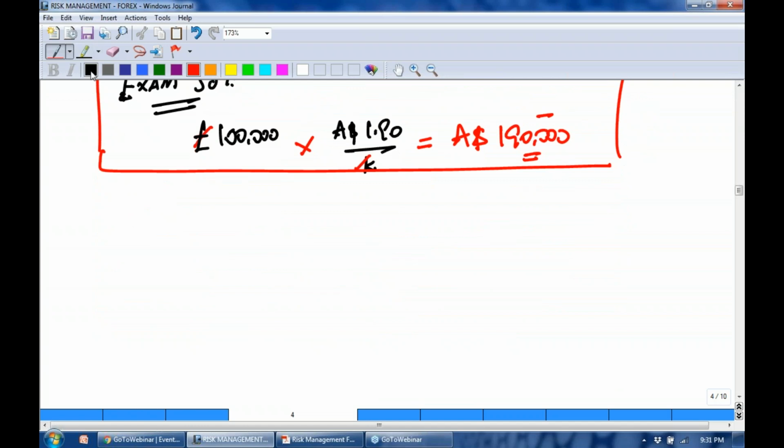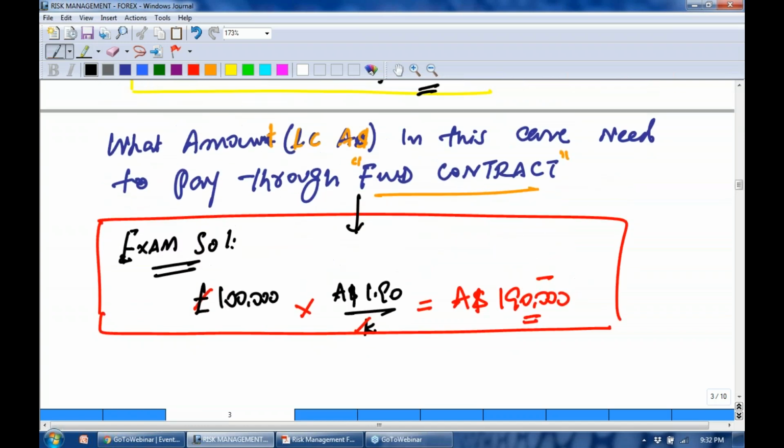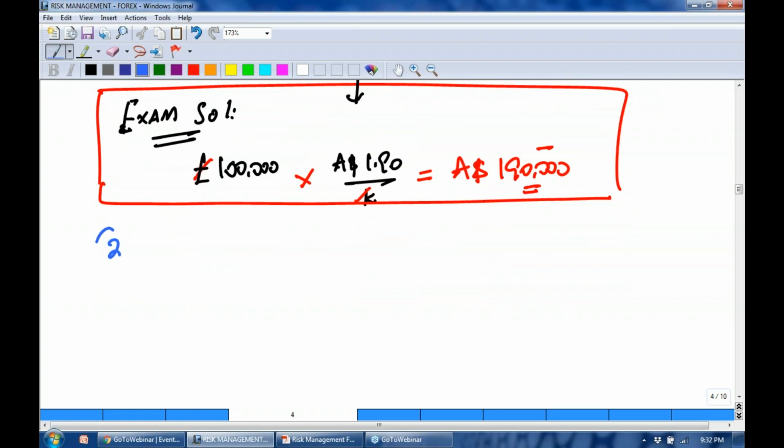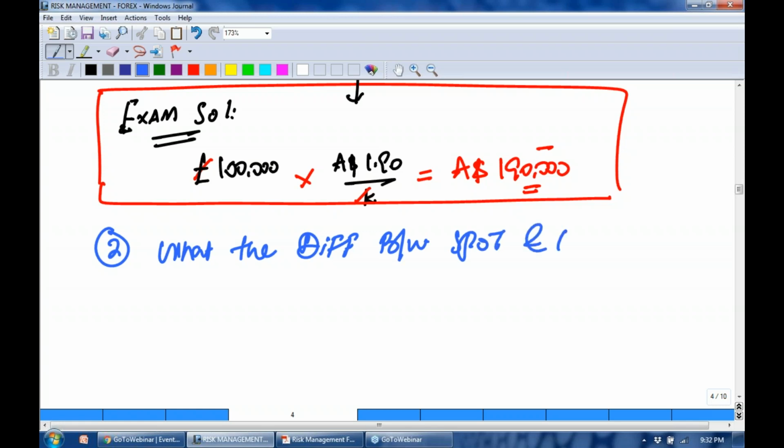One important thing: the examiner can ask you another question. Number two, what's the difference between spot and forward? You can reply.